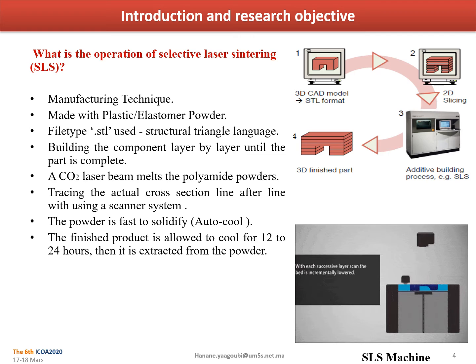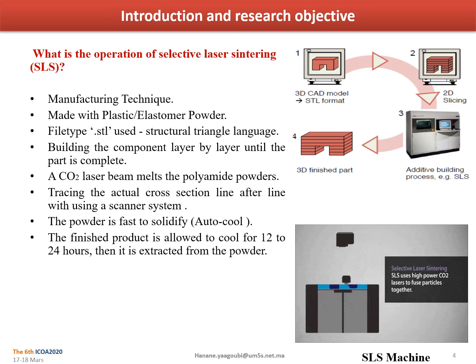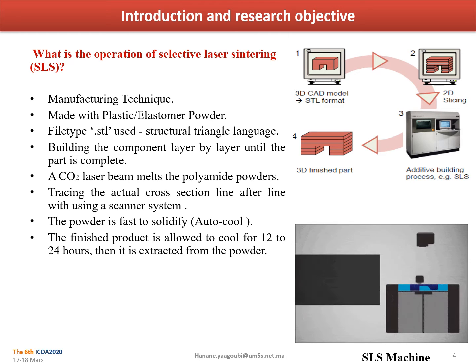A CO2 laser beam melts the polyamide powder by tracing the actual cross-section line after line using a scanner system. The powder is fast to solidify and the finished product is allowed to cool for 12 to 24 hours, then it is extracted from the powder.